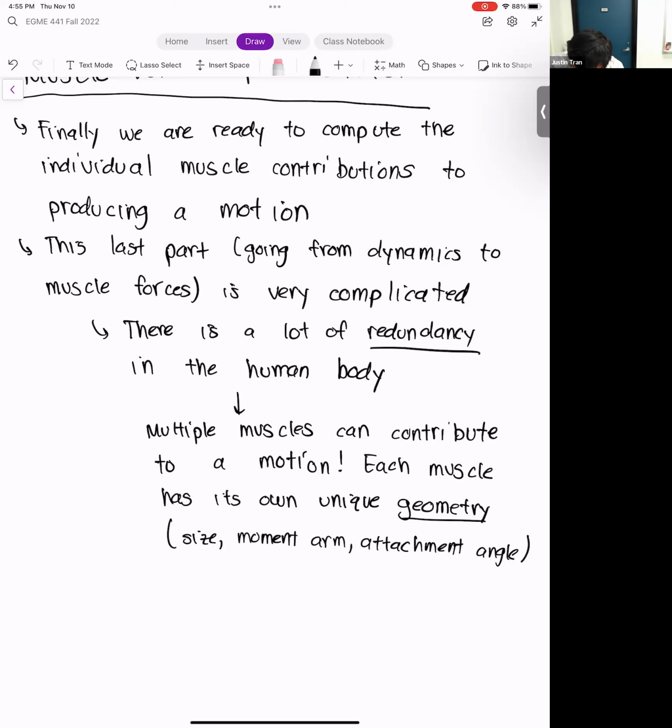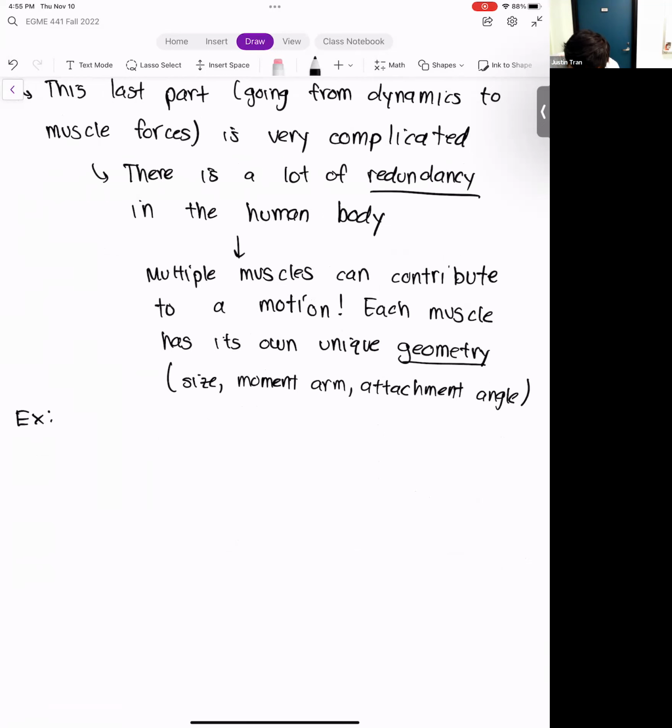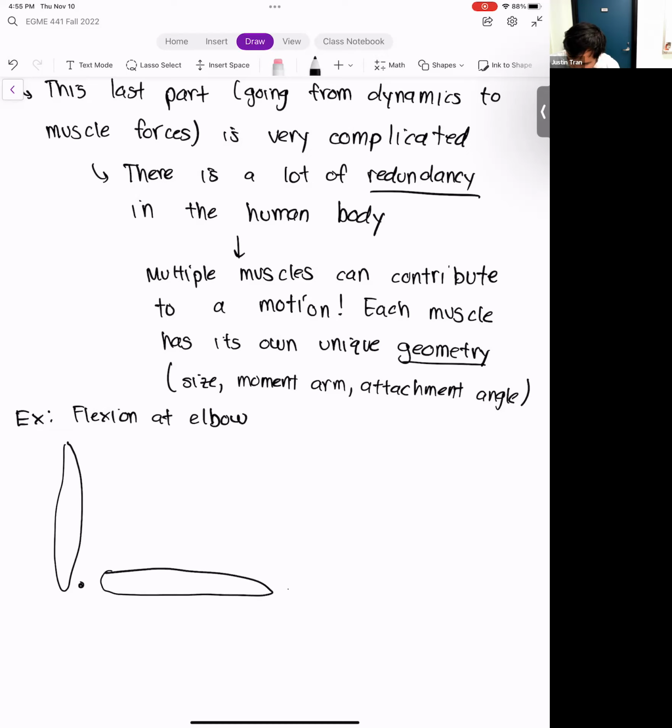We went over this briefly when we were doing biostatics. If we consider the simple action of flexing at the elbow, it's almost identical to the example we just did.